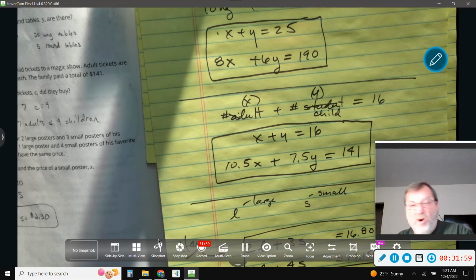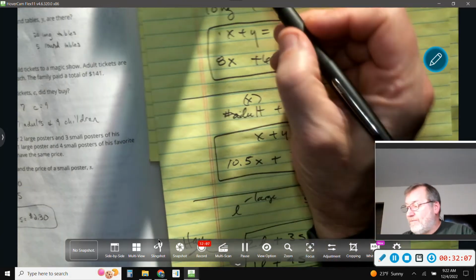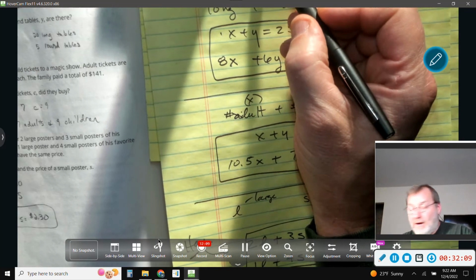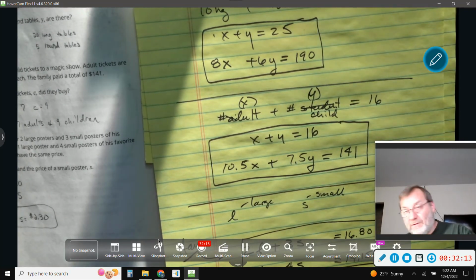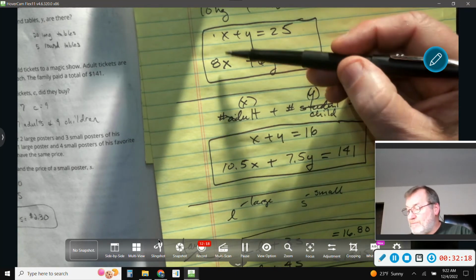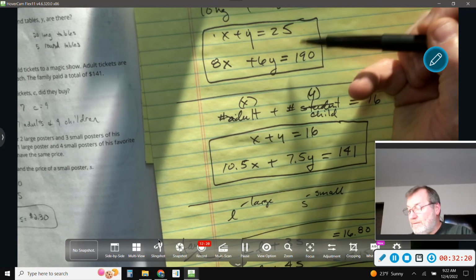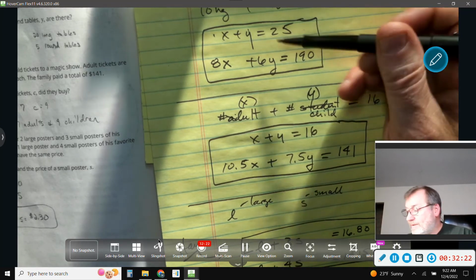One method is called the substitution method. You solve for x or for y and then you substitute it into the other one. That way you eliminate one of the variables. Another one is, if the numbers match up, you can just simply get rid of them that way.